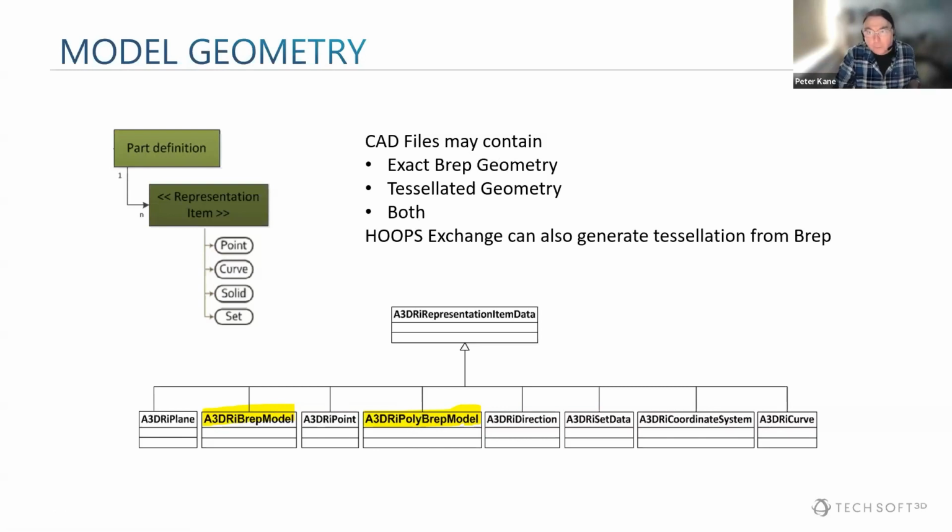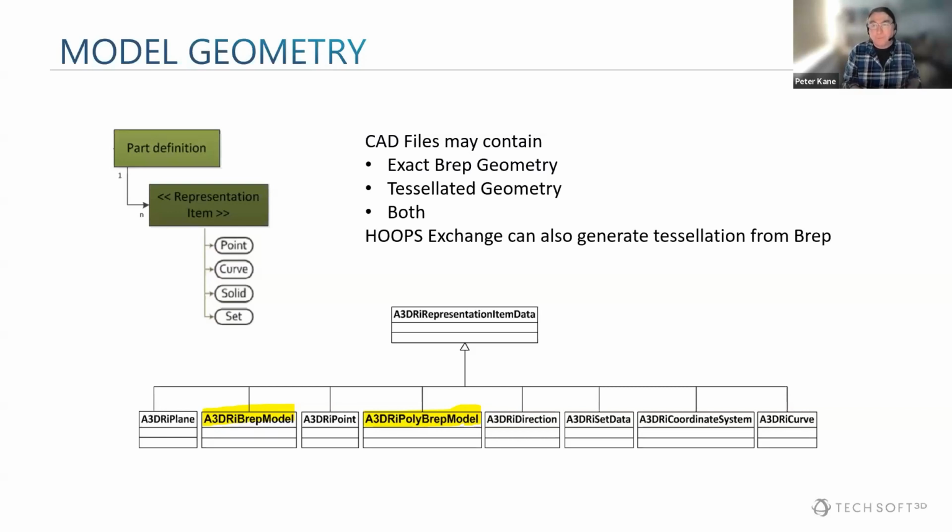But not all CAD files have this tessellated data. In fact, some formats, of course, are just tessellation, but for this presentation, we'll stick to BREP-based models. And if we don't have the tessellation, HOOPS Exchange, as part of its toolkit, has the capability to generate tessellation, that is triangulation of this exact geometry.